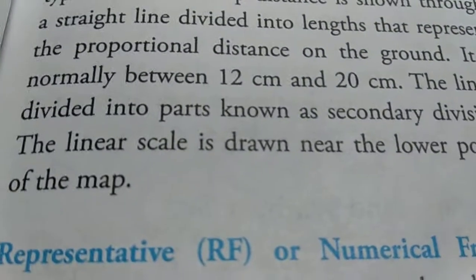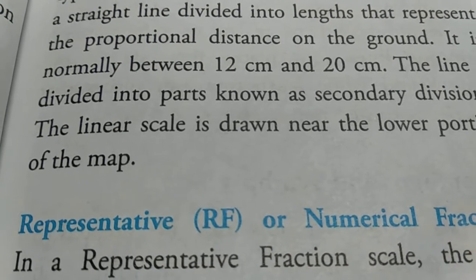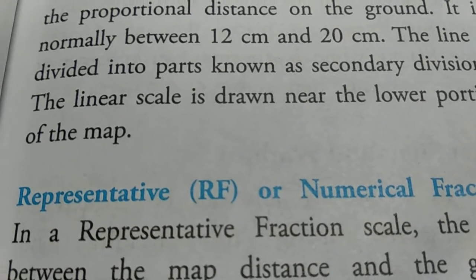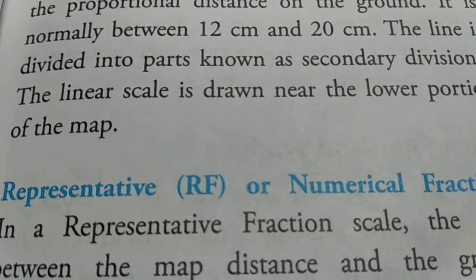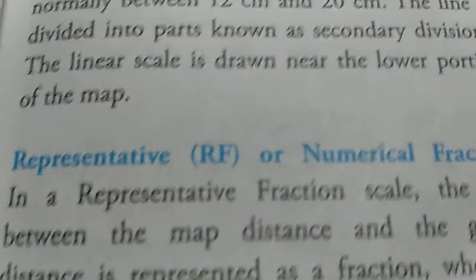It is normally between 12 centimeters and 20 centimeters. The line is divided into parts, which are known as secondary divisions, and the linear scale is drawn at the bottom portion of a map.